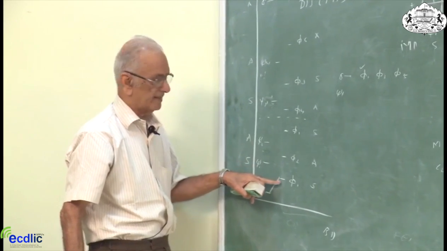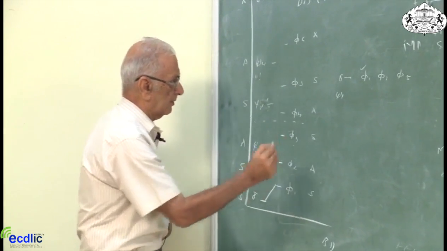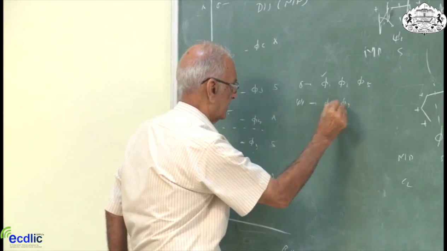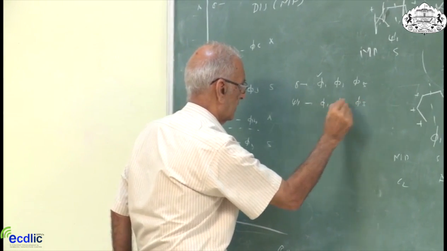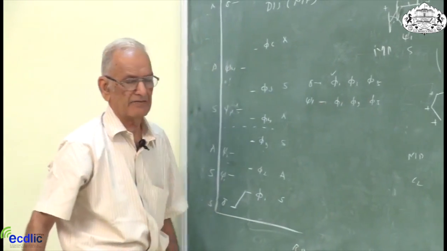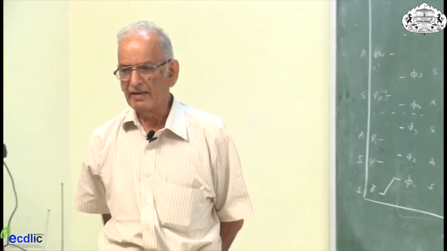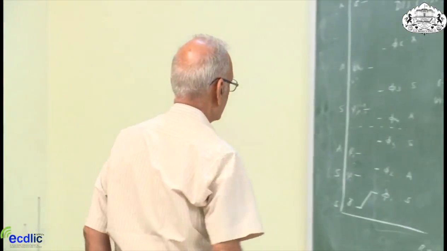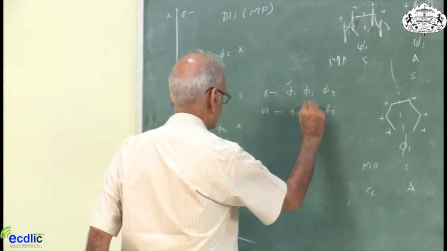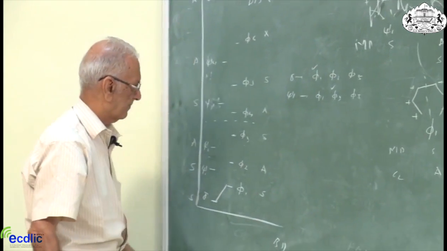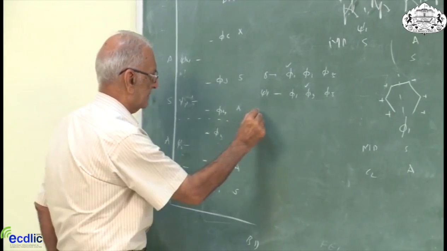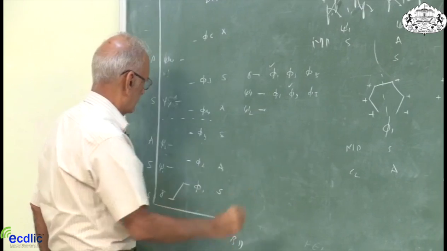So, once again it can join to orbital number 1, orbital number 3, orbital number 5, phi 1, phi 3, phi 5. Phi 1 is occupied. Of the two, phi 3 is lower in energy. Therefore, I will join it to phi 3. Okay.